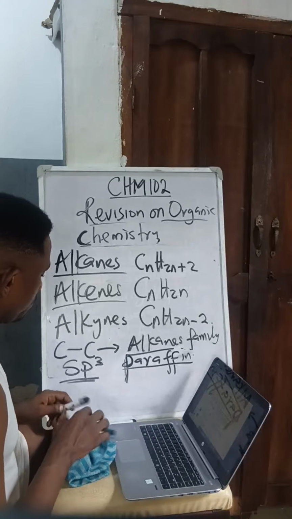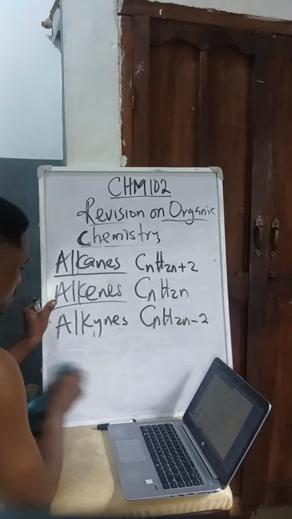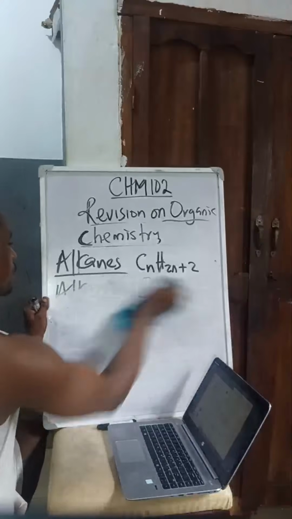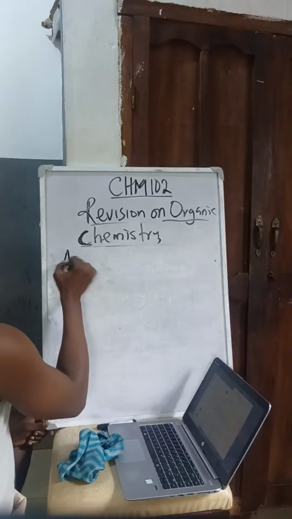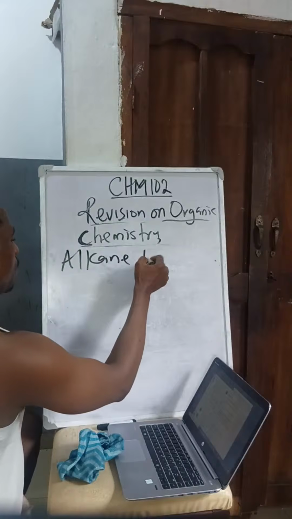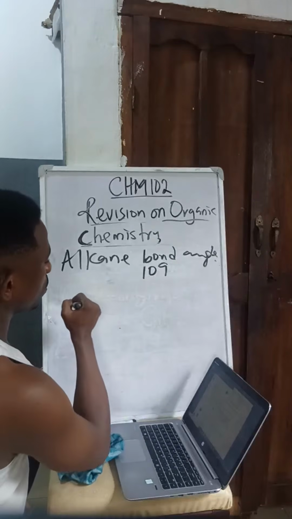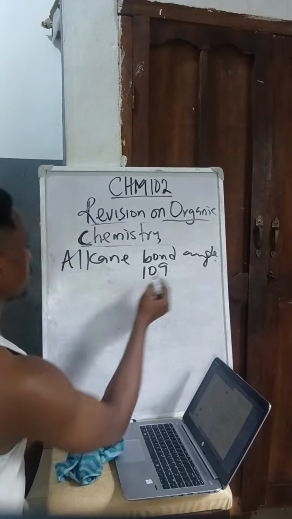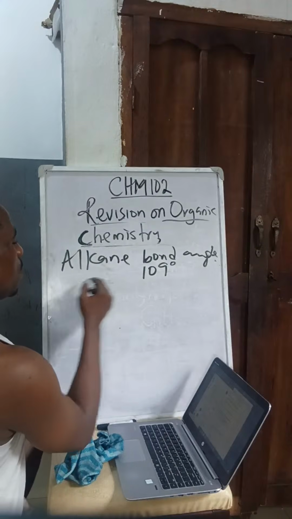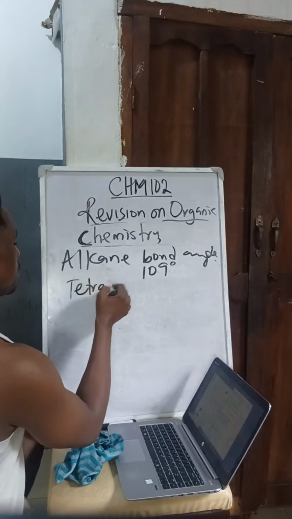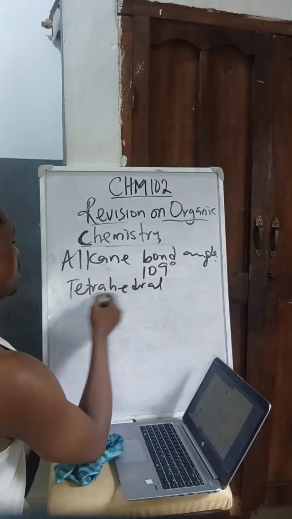Then for alkane, the bond angle is 109 degrees, a tetrahedral structure.